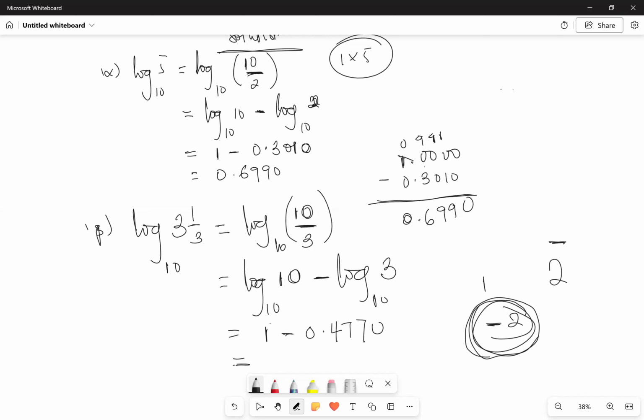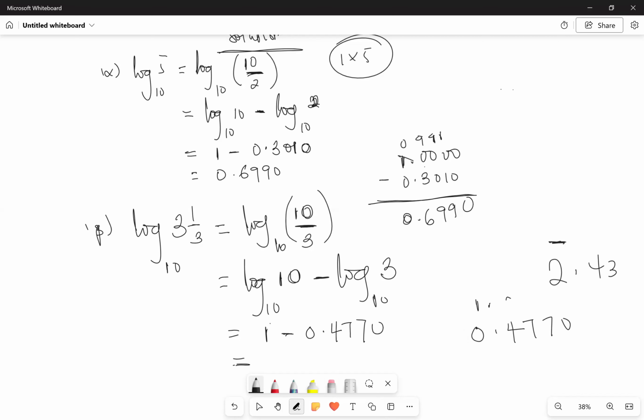Because in log, we believe the negative only affects just the 2. So if it should be 2.43 something, the negative should affect just the 2. That's why you see me doing this KG style of subtraction.